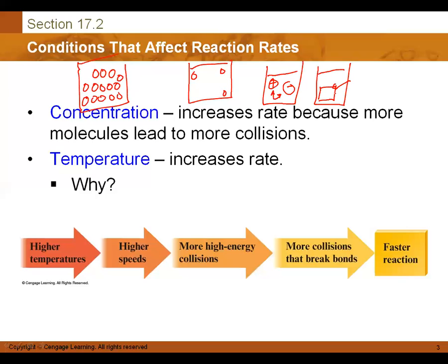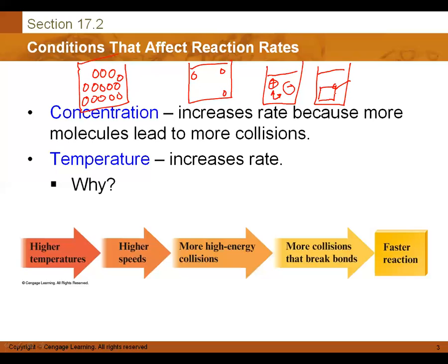And temperature, as I mentioned on the last one as well, at those higher temperatures, you have those higher speeds and you have more molecules that have the right amount of energy to help break those bonds and start forming those new bonds. And that usually results in a faster reaction.